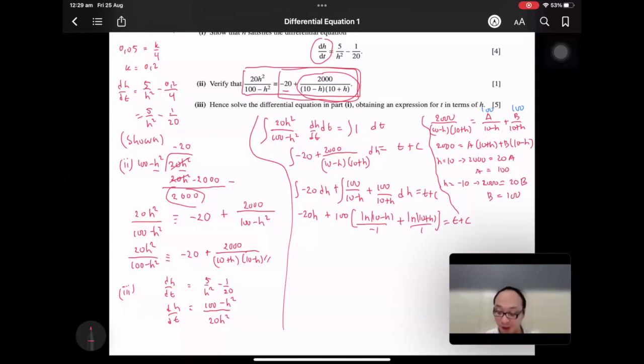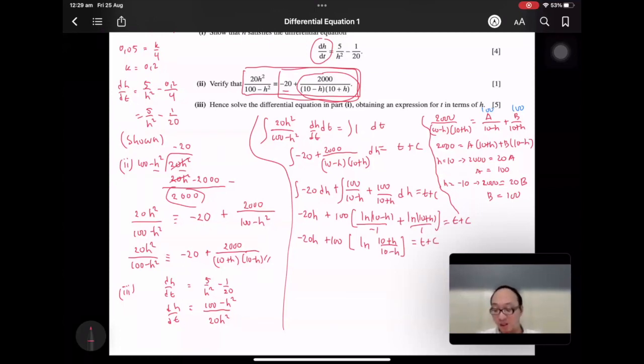So I can simplify first: negative 20h plus 100, and then this is ln of 10 plus h over 10 minus h, equals t plus c.